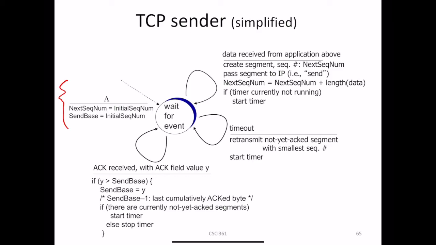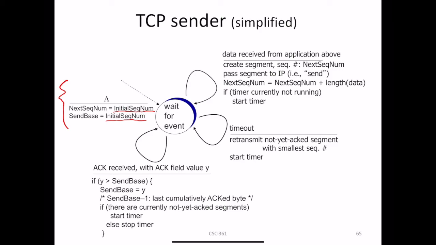For the next sequence number and the send base, two pointers, both of them are set to the initial sequence number. They are the same, and it is randomly generated. We already talked about that in the previous lecture.